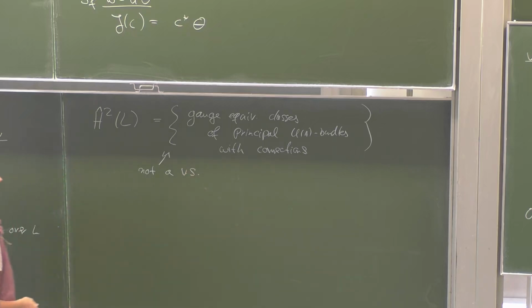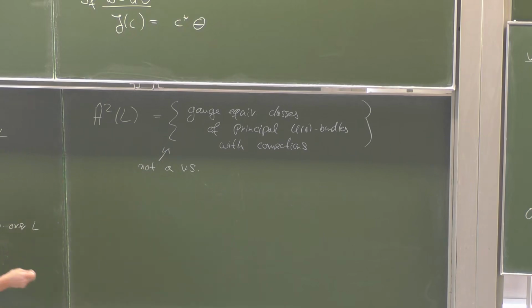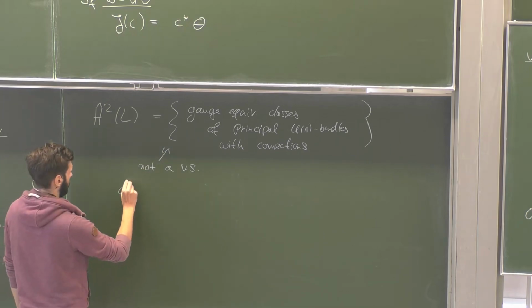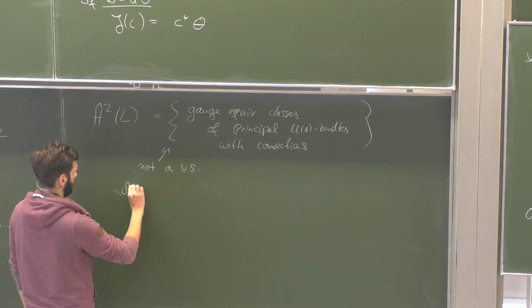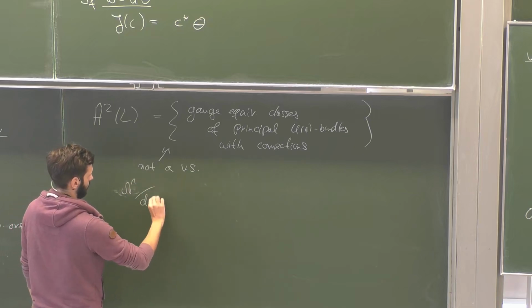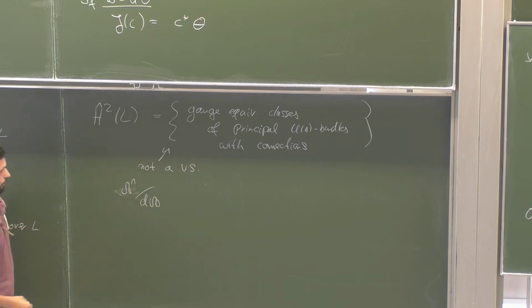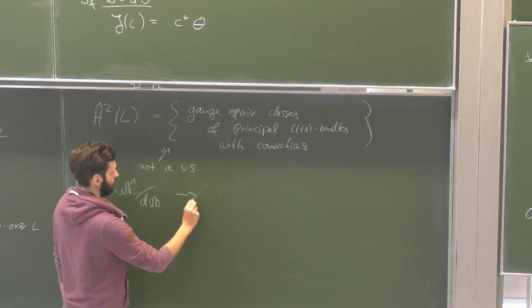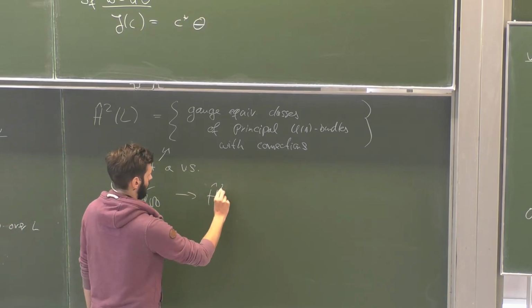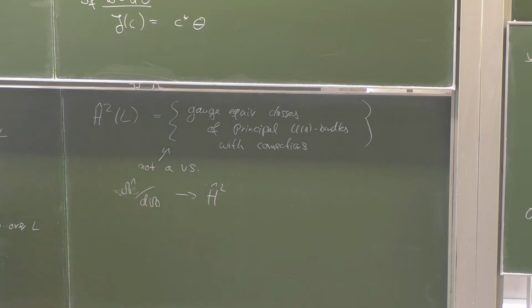And in fact, there's some kind of exact sequence. You can think of these ones as, roughly speaking, the trivial ones: we have the modulo exact ones, and they sit as the trivial connections in there.